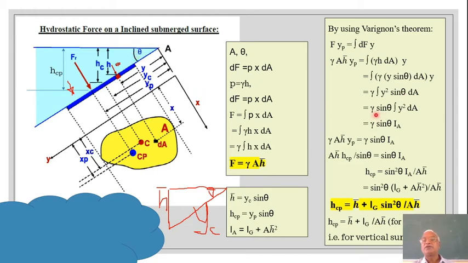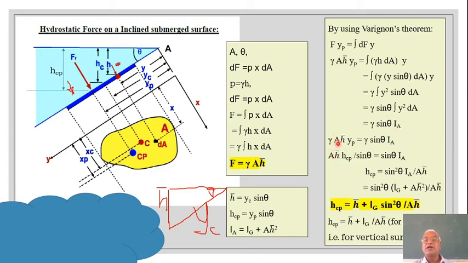So gamma sine theta integration of y squared dA. The integration of y squared dA is the moment of inertia about an axis perpendicular to the surface of the paper, or the plane in which you are looking. It will be popping out from the point A, perpendicular to that axis, which is shown here as a line. So the moment of inertia about the axis AX will be nothing but IA, right?